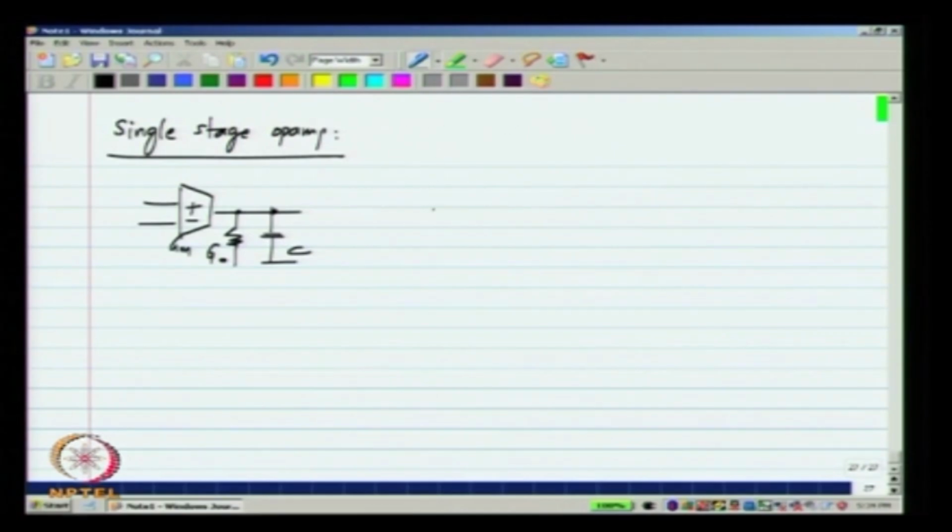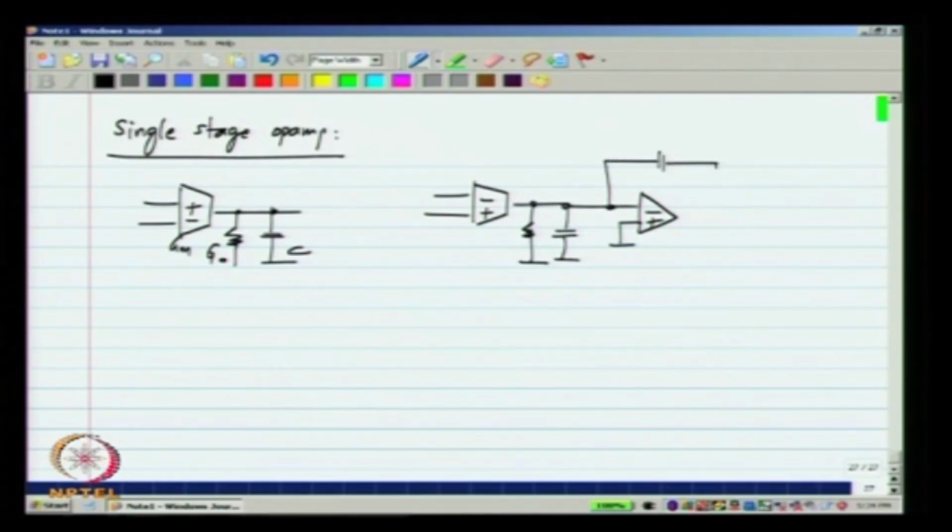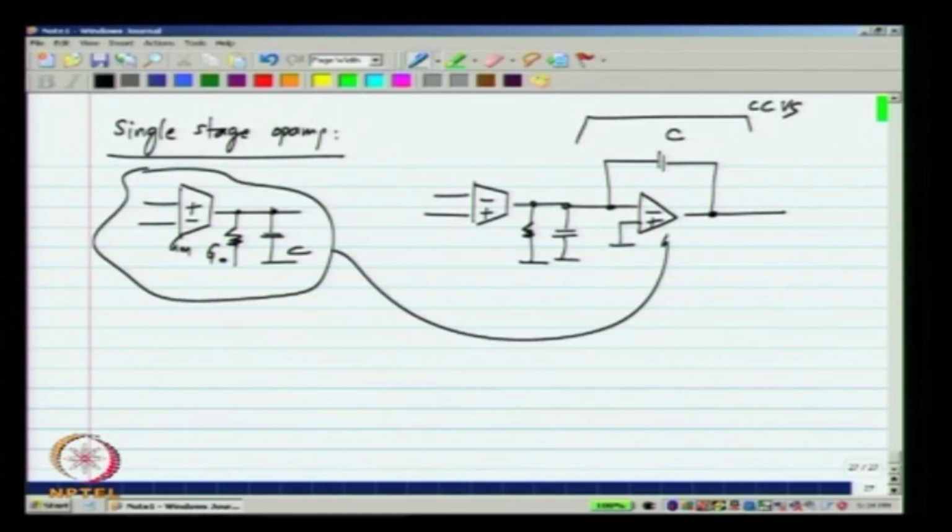Now, the two stage op amp, what did I do? I tried to make it better by using a current controlled voltage source instead. I wanted this to be an ideal op amp, but clearly that is not possible. This is the current controlled voltage source, and I used my single stage op amp in place of that op amp. Okay.